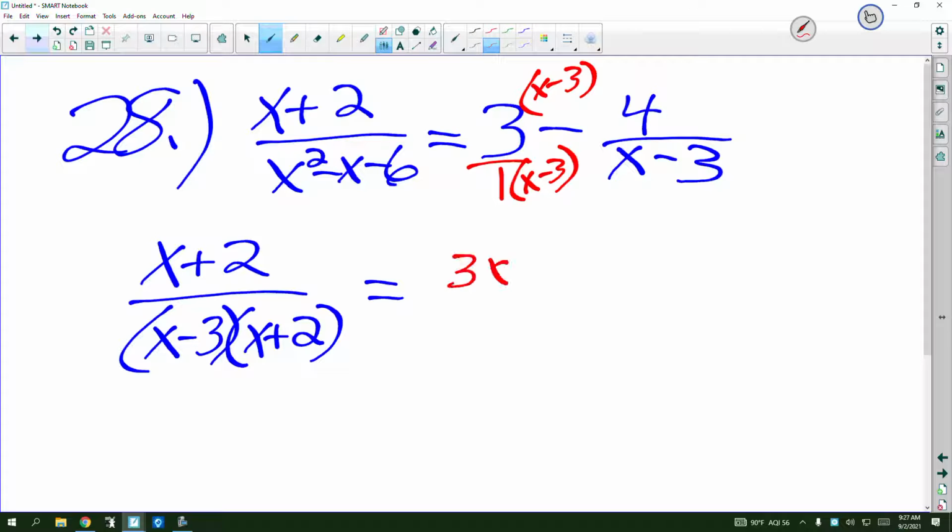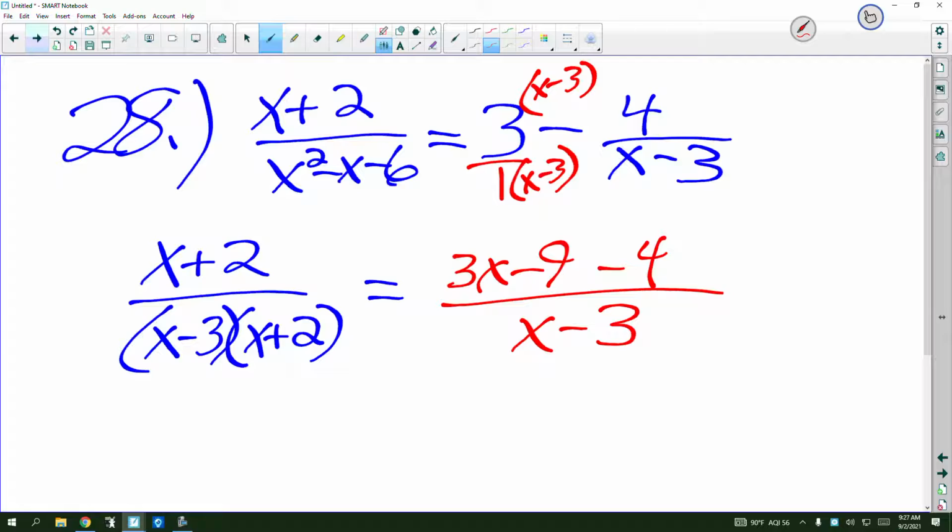So, 3x minus 9 minus 4 all over x minus 3. I totally just skipped at least one step there, maybe two. Now I can go whoosh, whoosh.